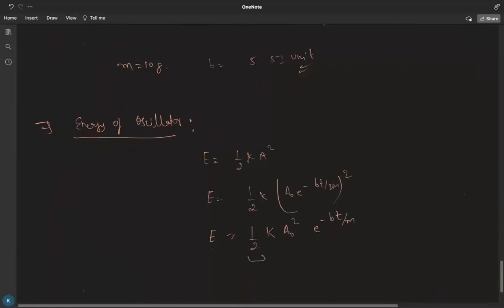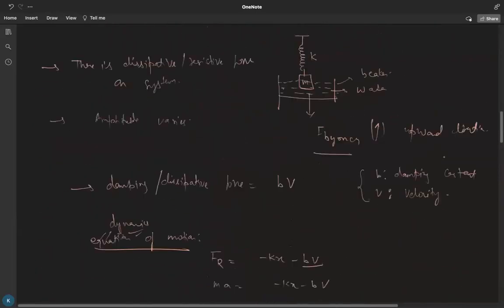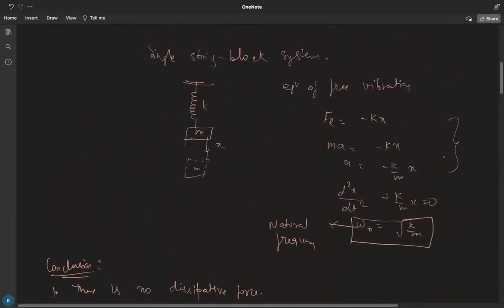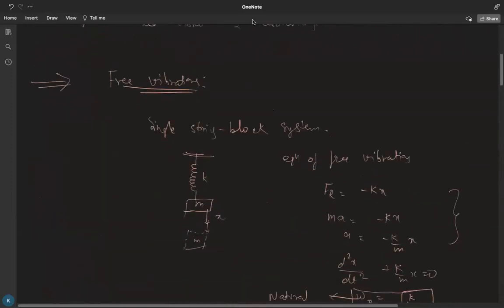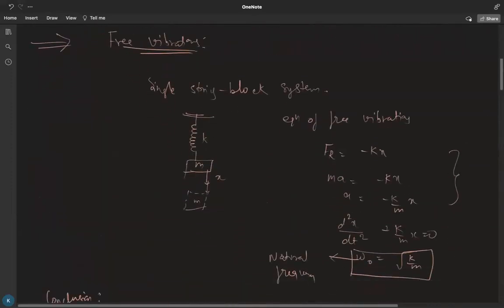And we all know that this expression is the energy for free vibration, when no dissipative force was acting here. We already calculated all kinds of energy, and for a single spring block system we have a total energy equal to half of k A square, right?